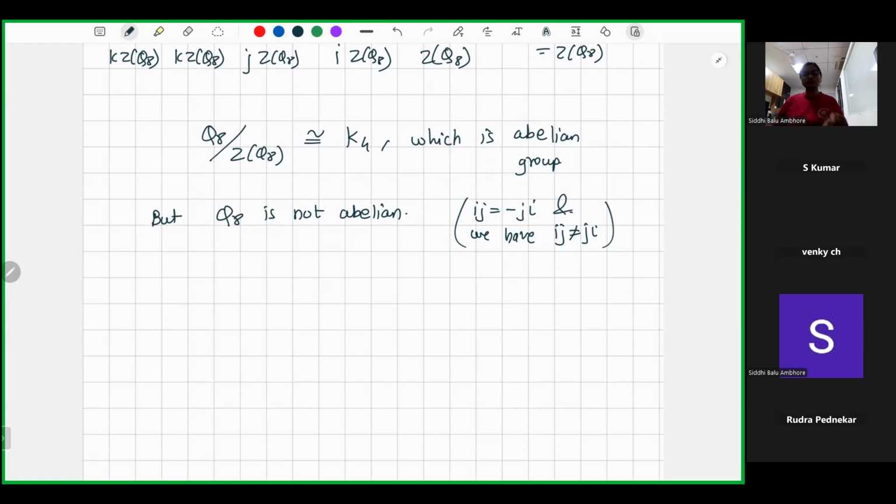In general, a group of size 4 is always abelian. The first non-abelian group is S3, which has size 6.